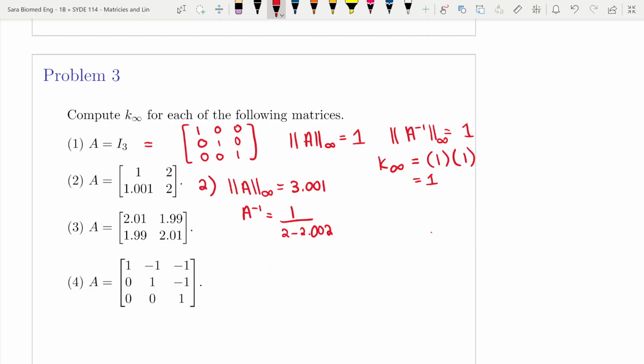Yeah, sorry. That's 6002. What? For which one?